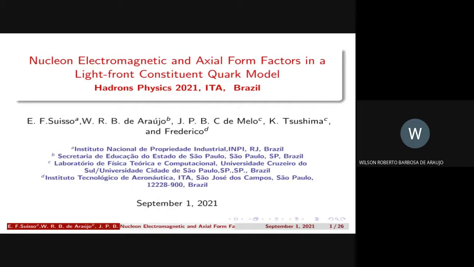I'm going to talk about nucleon electromagnetic and axial form factors in a light front constituent quark model.